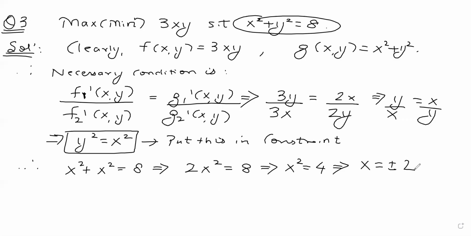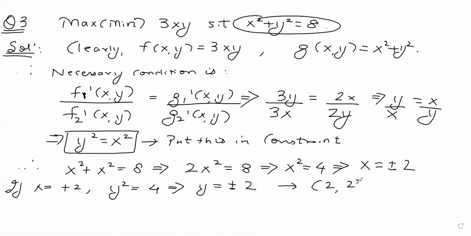Okay, so what are the possible solutions? I can write if x is equal to plus 2, then y square will be equal to 4, which implies y will again be equal to plus 2 or minus 2. That means for this my possible solutions are 2 comma 2 and 2 comma minus 2.